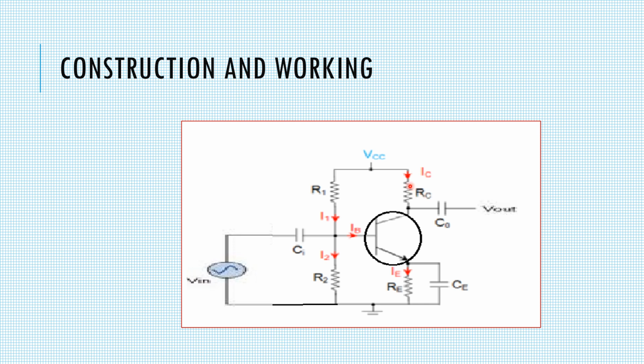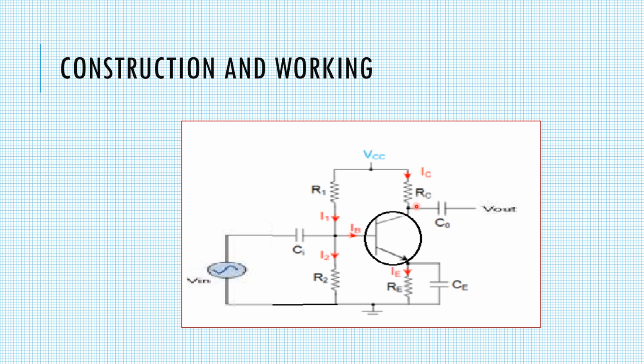The voltage across this RC will change because its value is very high, and this value can vary from 4 to 10 kilo ohms.